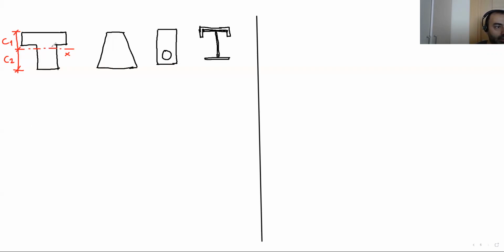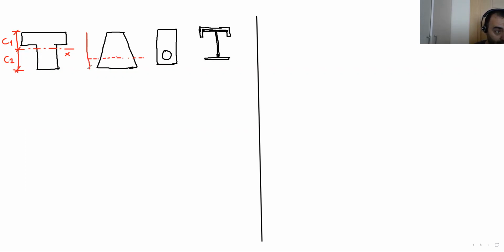Because the center point is close to the top edge, or in the trapeze section, centroid is not at the midpoint. Centroid is close to the bottom edge, as you can see, depending on the geometrical section of this trapeze. It's going to be around here.